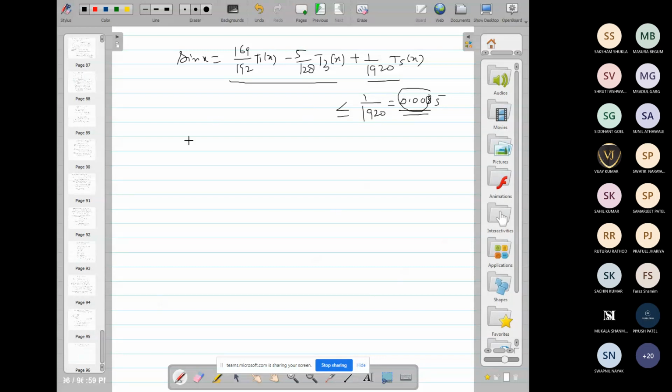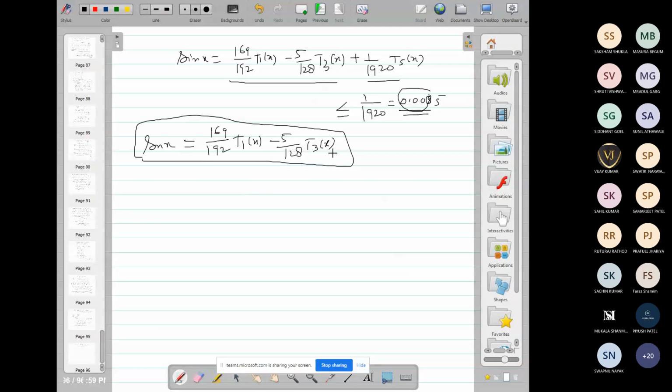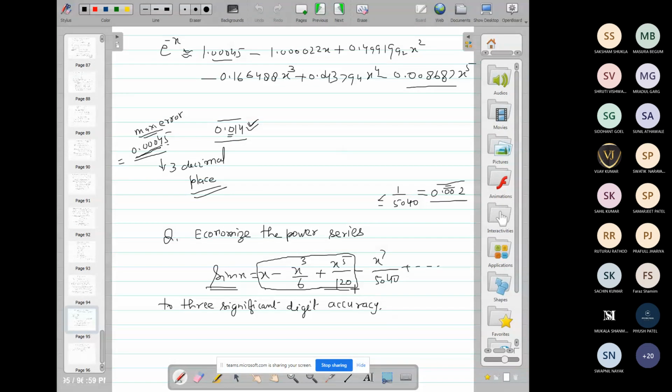So that is, we need sin x is equal to 169/192 T1(x) minus 5/128 T3(x) only. And this formula provides the value of sin x correct up to 3 decimal place. But in case of Taylor series expansion, we need to consider up to this term.